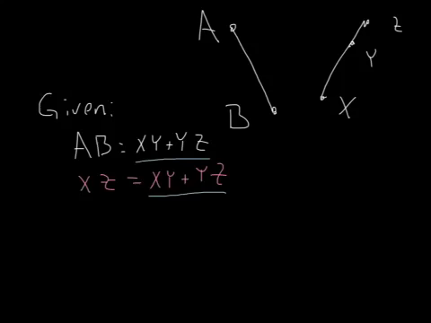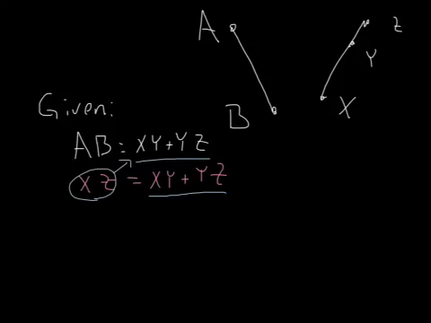So what we can do here is, since we know that XY plus YZ equals XZ, we can substitute in XZ for this value. So we can take this XZ and substitute it in for XY plus YZ, because we know they're the same.